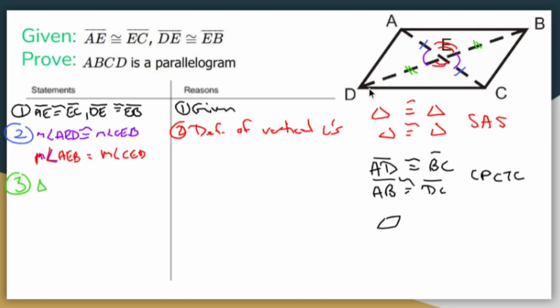So triangle AED is congruent to CEB in that order. And I can also say that triangle DEC is congruent to BEA. The reason for that is the side angle side postulate.